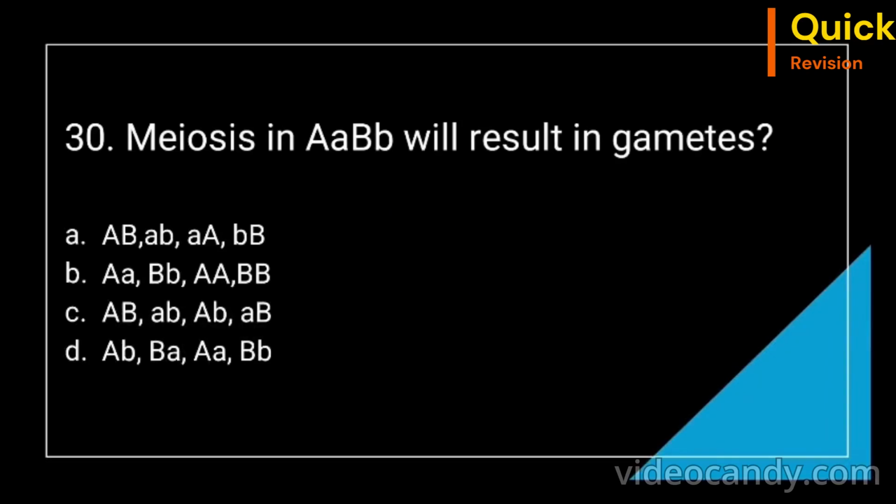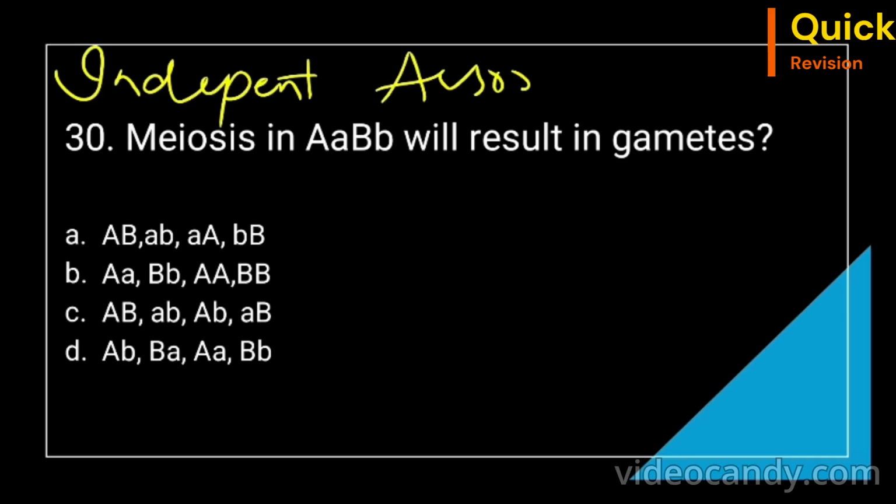30th question. Meiosis in capital A small a, capital B small b will result in which gametes? Here we know independent assortment, right? Very well, so they are independently assorted.